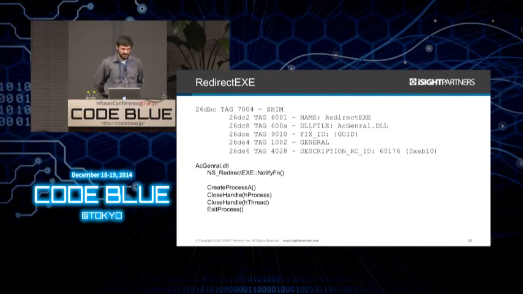The second one he talked about was RedirectEXE. Again, this is backed and implemented in the AcGeneral DLL. If you look at that, it will just do a CreateProcess, close the handles to that process, and then exit itself. So let's say you're going to redirect calc to notepad. You double click calculator, calculator starts to come up, the Windows loader is doing this process of loading it into memory.